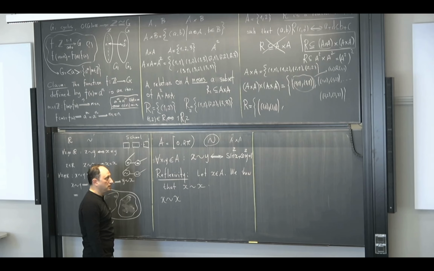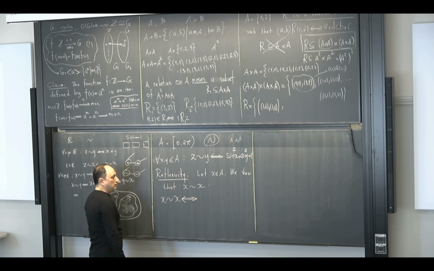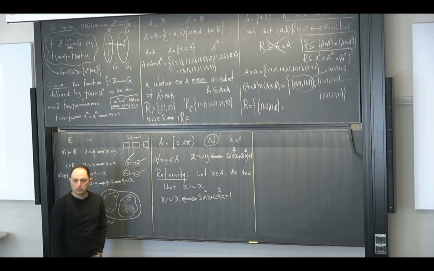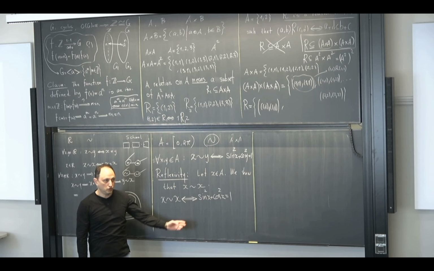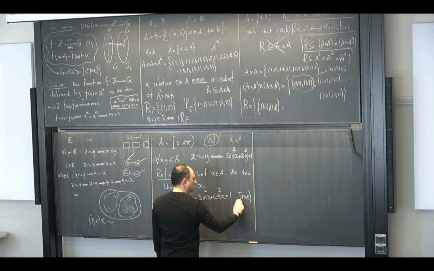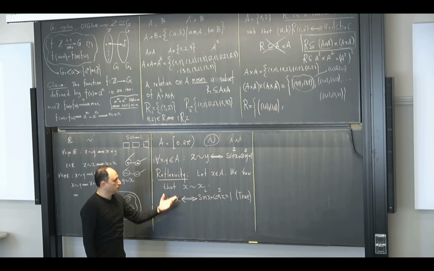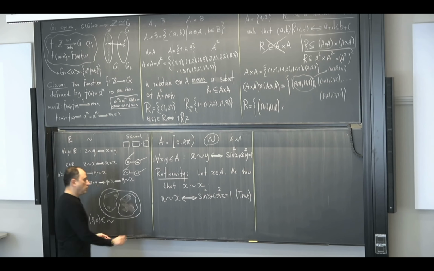X is in relation with X means, by equivalency, sine X squared plus cosine X squared is 1. Do you see that? Because I have replaced Y with X again. But now, is this true or false? This is a very established identity in trigonometry, so it is true. Because they are equivalent, if this is true, this one is also true, so we are done. Reflexivity is done. Yes?